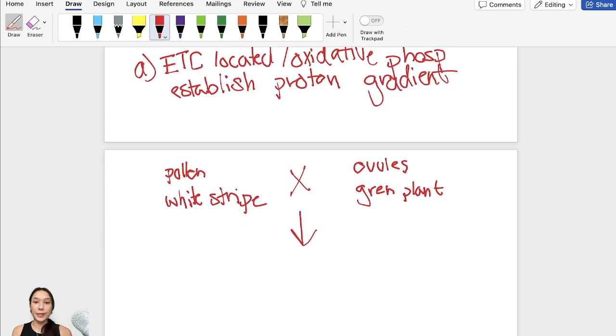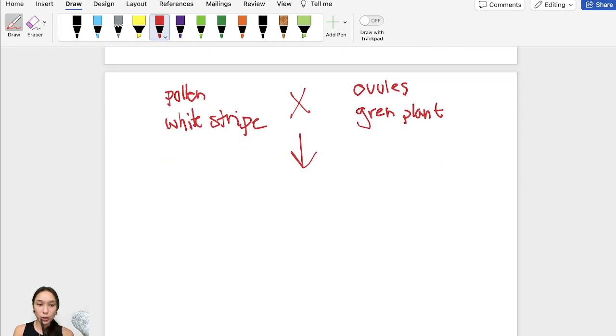The key thing for this one is mitochondrial DNA is inherited maternally. This is a very, very small detail in the span of the curriculum. So it's something I always reiterate to students just in case this type of inheritance comes up, because I don't think we do mitochondrial inheritance patterns too much, at least for pedigrees and stuff like that.